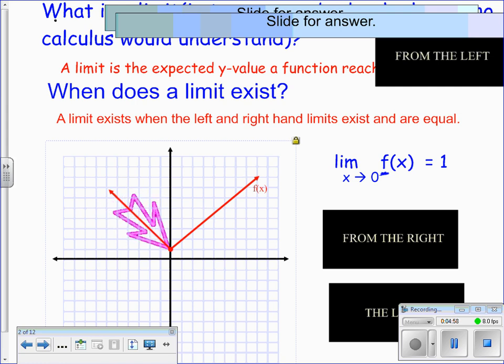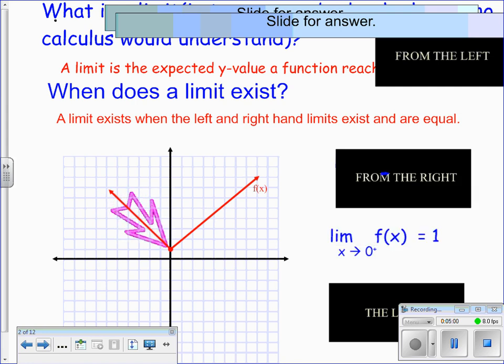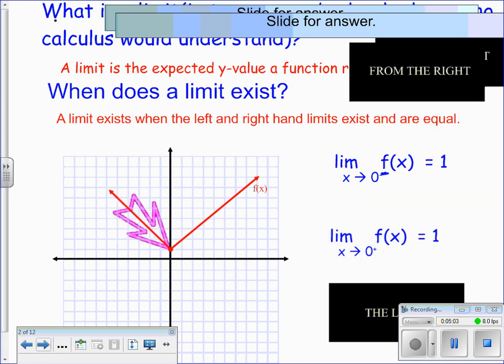Okay, when I do it from the right, instead of a little negative, I've got a little positive. So I'm taking the limit as x approaches 0 from the right, which means I'm taking numbers larger than 0 and plugging them in, getting closer and closer to 0 from the right-hand side. 2, 1, 1/2, 1/4, 1/8, and so on.